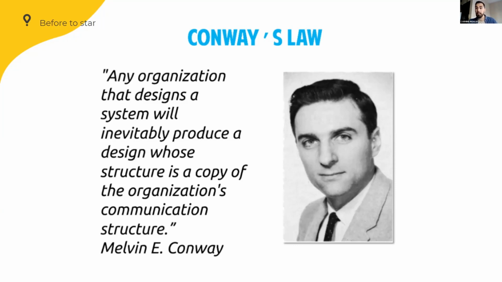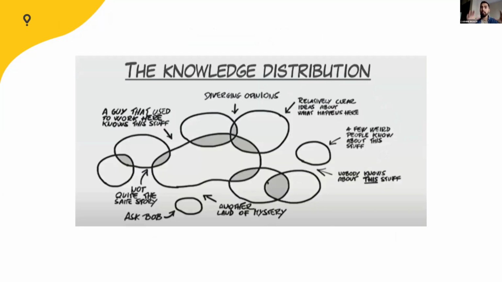Because all of this drives the communication, the flow of information inside our company, and also our understanding of how we are modeling our software. And this is the real picture that we have about the model that I'm talking about.